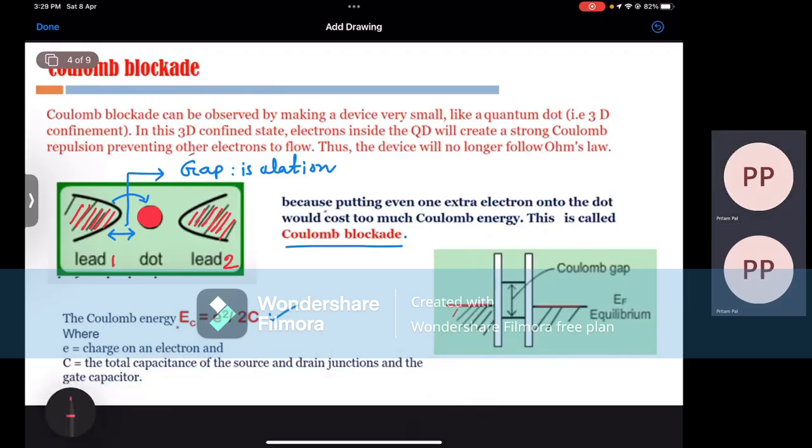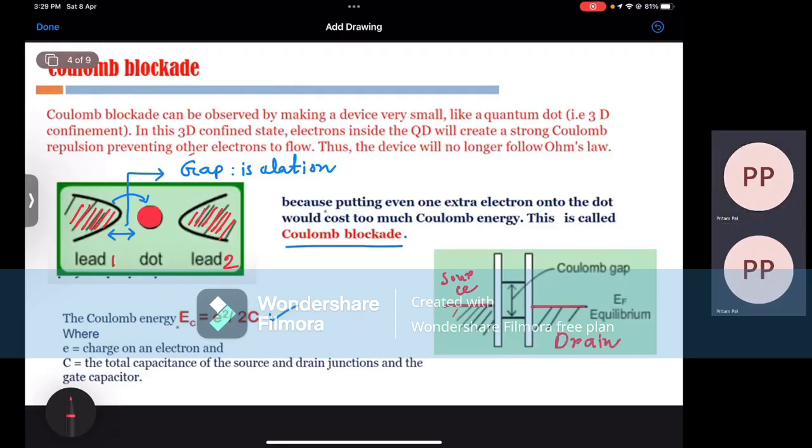So this is the allowed energy level, let's say, state on the source side. And this is the allowed energy states on the drain side, right?